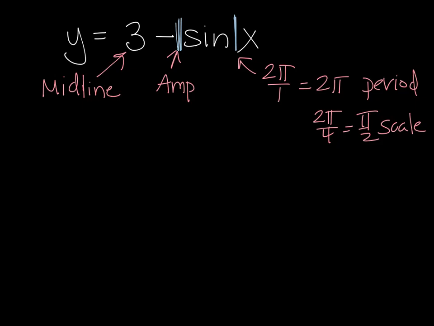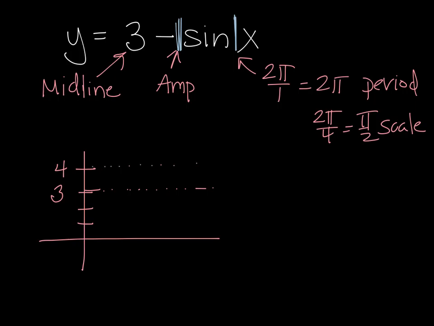Okay, so planning it out. I'm going to need more positive space than negative space because I need a midline of positive 3. There's going to be my middle. My amplitude is 1, so that's going to be 1 space higher to 4 for the top, and 1 space lower than 3 to 2 for the bottom.